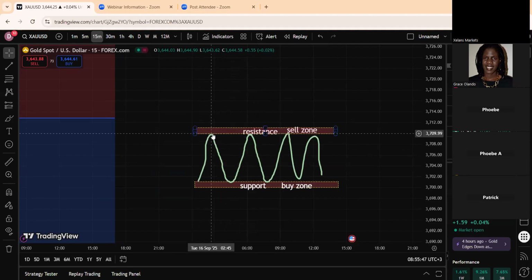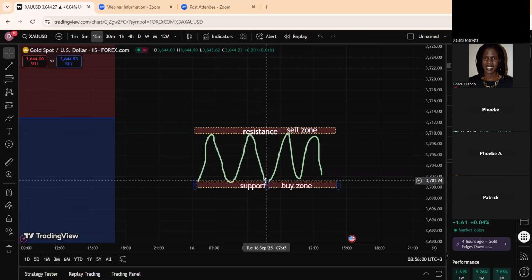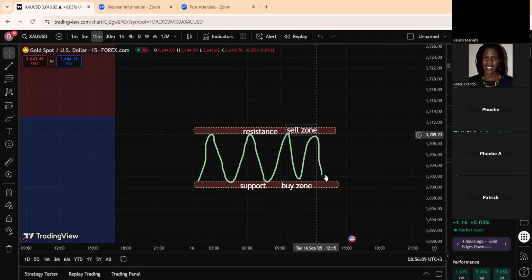So when the market creates a resistance here, I'm expecting to sell and target my support. When it reaches my support, I'm supposed to buy and target the resistance. Resistance sell, come back to the support, buy from support, targeting resistance, sell from resistance, targeting support, buy from support, targeting resistance, like that.